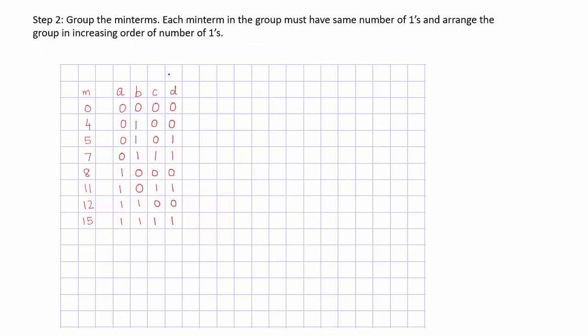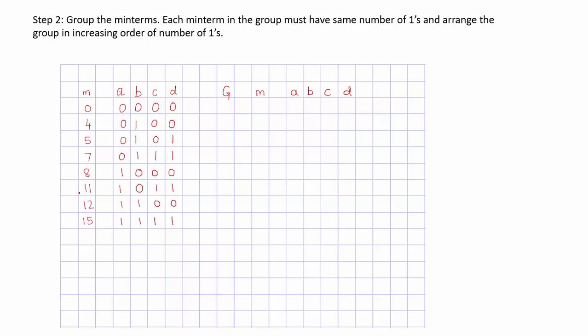In the second step, you have to group the minterms. While grouping, you have to see that each minterm in the group must have same number of ones, and you must arrange these groups in increasing order of number of ones. So let me write down the group in column G, and minterms will be M, and A, B, C, D are your input variables.